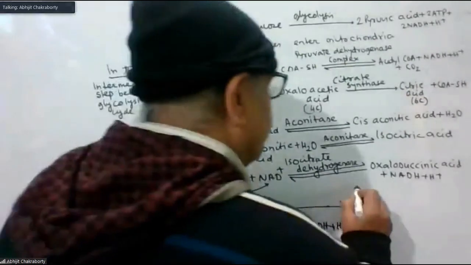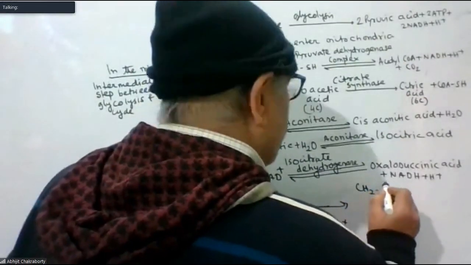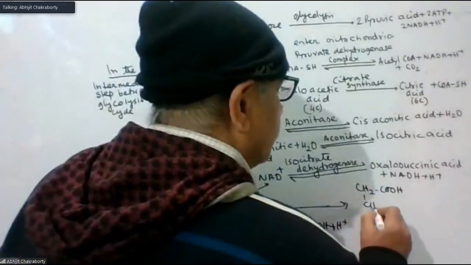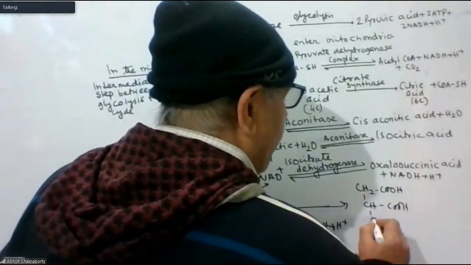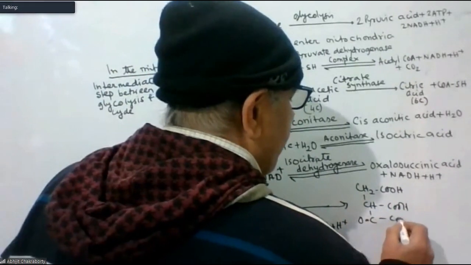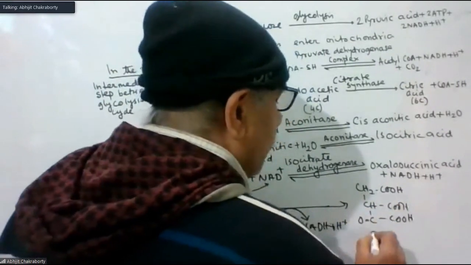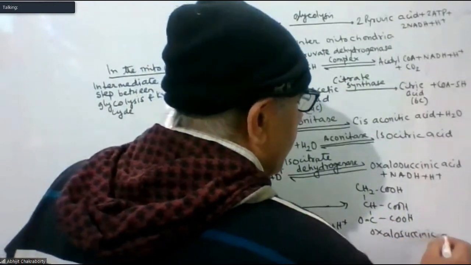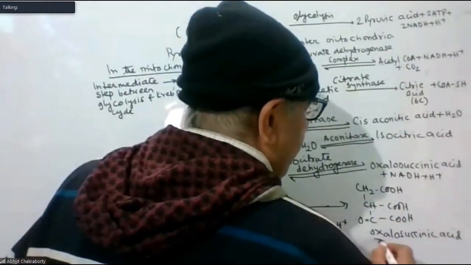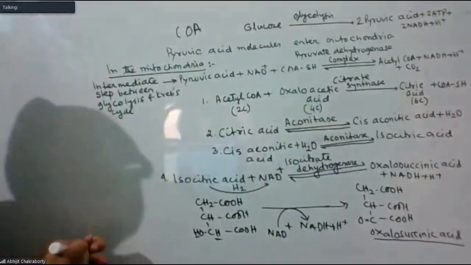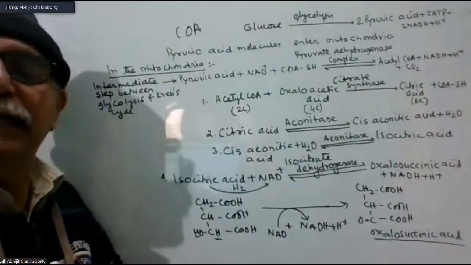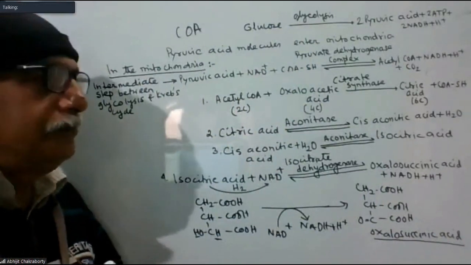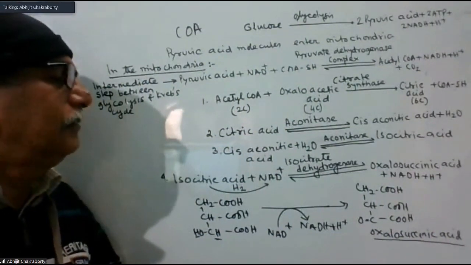So that you will get CH2COOH. This is the oxalosuccinic acid. This is what is called oxalosuccinic acid. Clear?